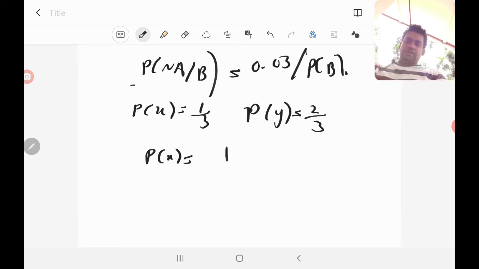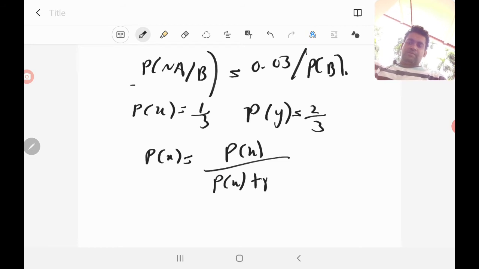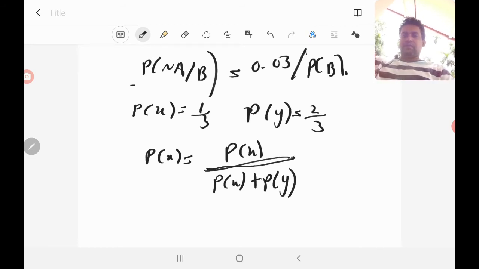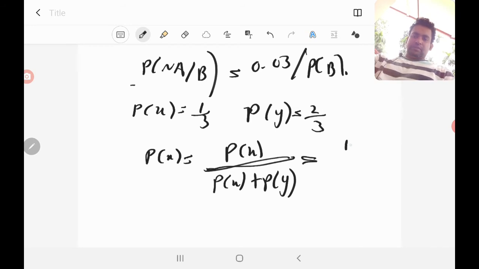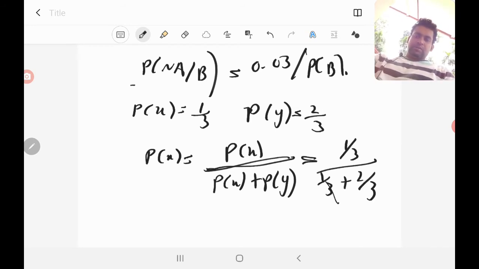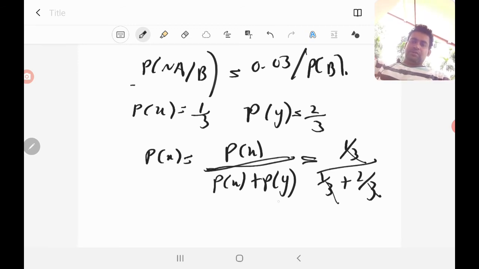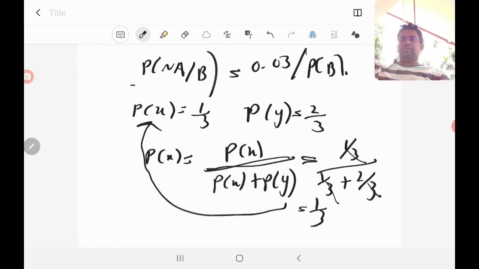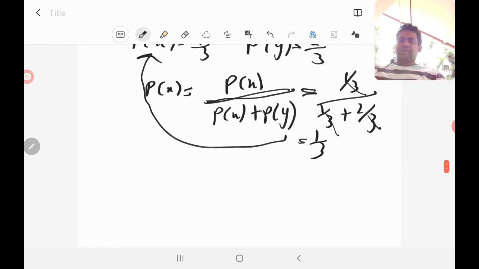We can say Px equals Px divided by Px plus Py, because if they are the only two outcomes, the sum of probabilities will be 1. So that's 1 over 3 divided by 1 over 3 plus 2 over 3. These 3's get cancelled out, we get 1 over 3. It's just the original value of Px.